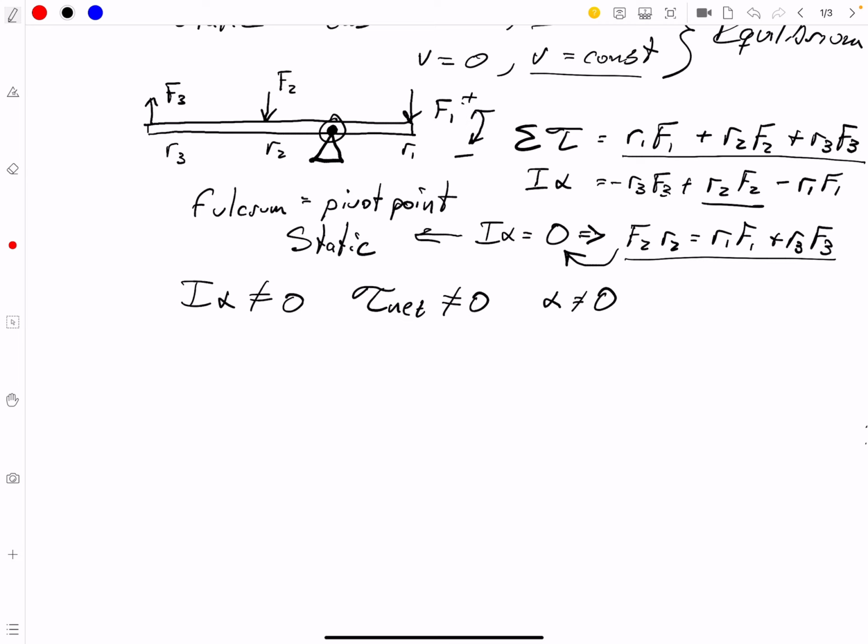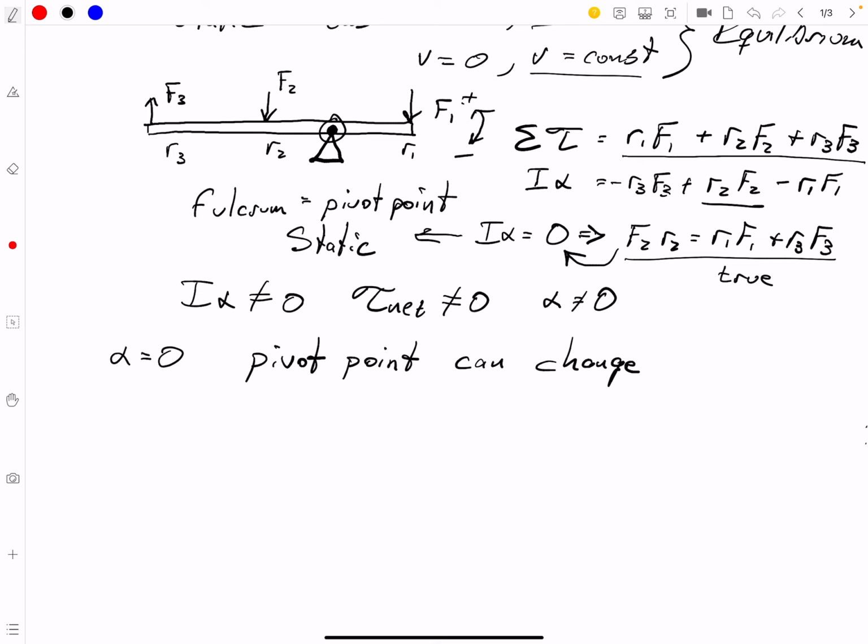However, if these do equal each other, if this is true, then that means that alpha is equal to 0. When that is true, all of a sudden you don't have to keep your pivot point the same. Pivot point can change.